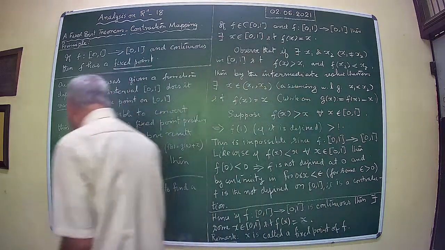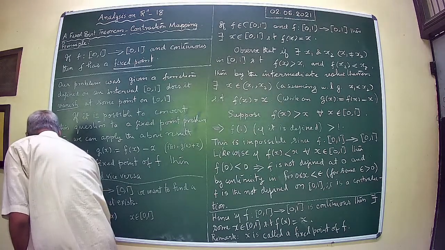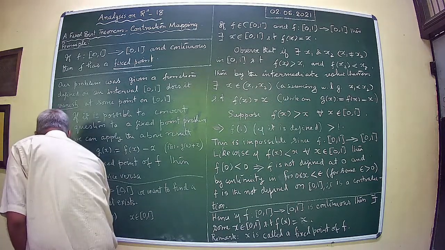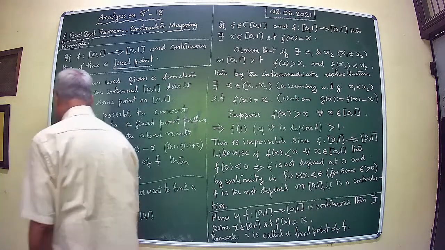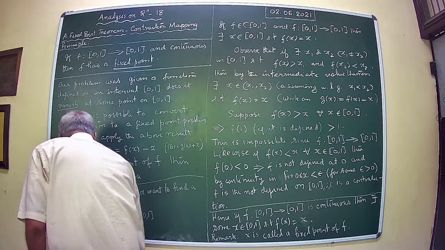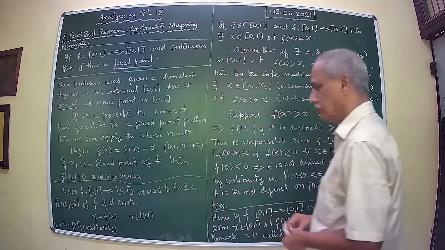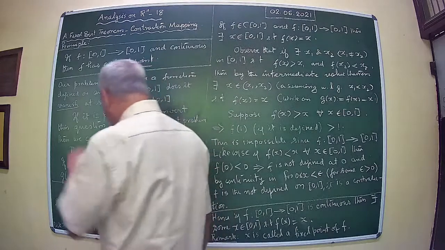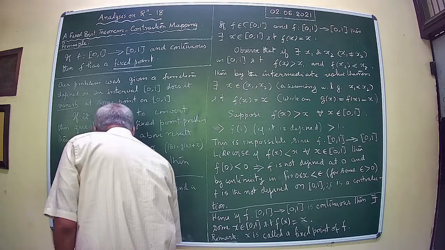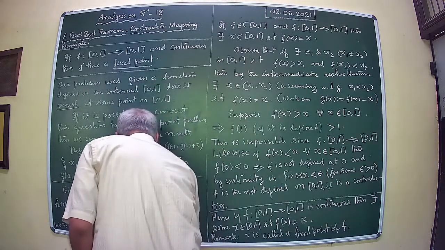Now you start with some x0, arbitrarily. Now what you can do is, you can define x1 as f of x0, and x1 belongs to [0, 1].